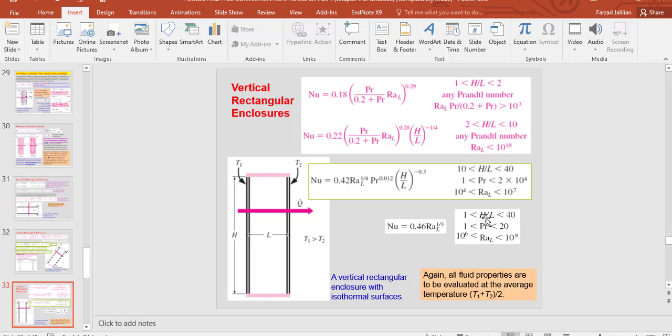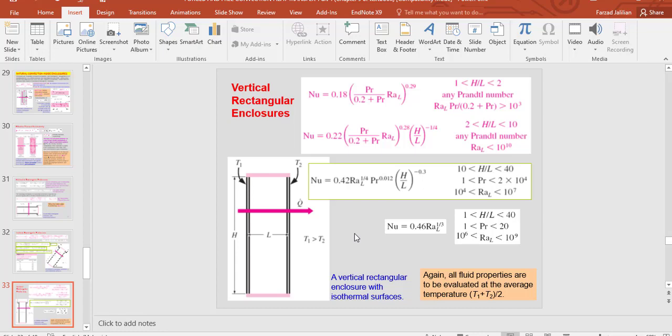As you can see here, it is a general equation when the aspect ratio is from 1 to 40, but for a fluid with a Prandtl number between 1 and 20, and Rayleigh number between these two values. And as I told you, to find this Prandtl number especially, you should use the average temperature, T1 plus T2 divided by 2.